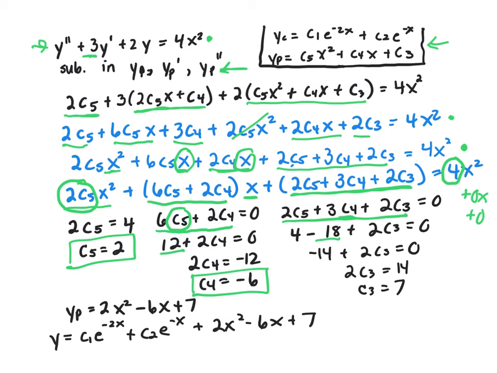So I solved this equation for c3 and got 7. This is the format of my y sub p. So my y sub p is c5, which is 2, x squared minus 6x plus 7. All I've done is substitute in these coefficients.